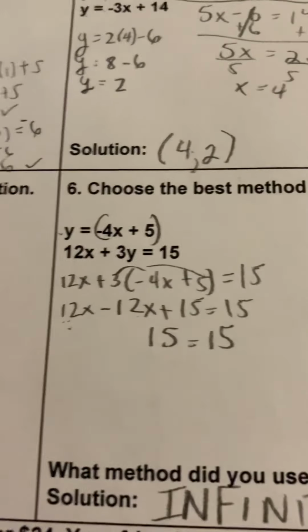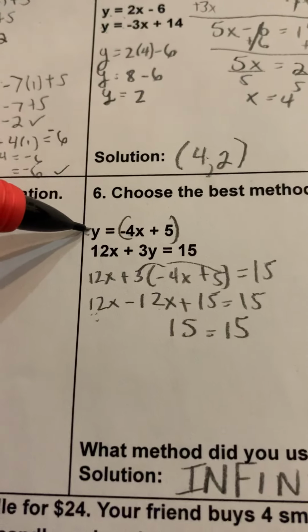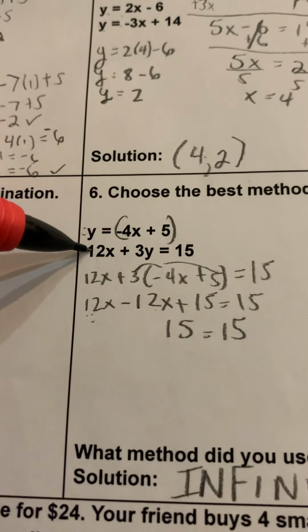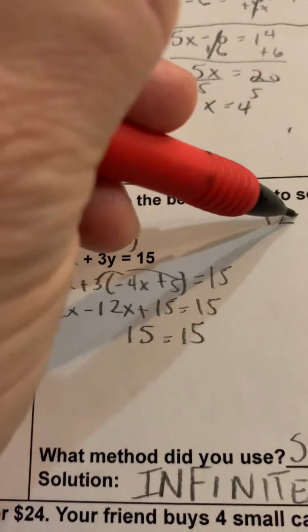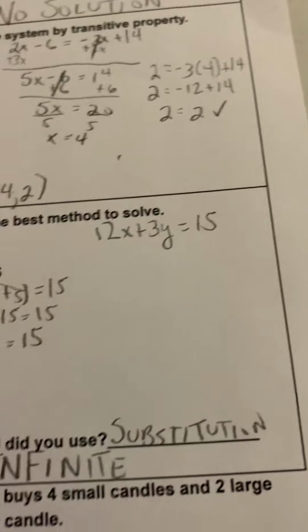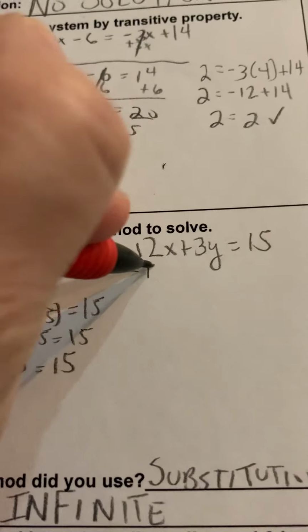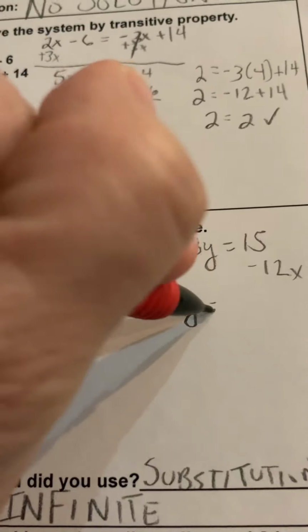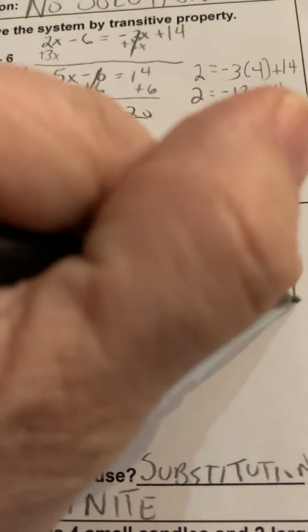How do I prove that they're the same line? Well, do you see how this y is isolated? Let me go ahead and isolate this one. So if I have 12x plus 3y equals 15, this is the way to double check this, okay? I'm going to subtract 12x from both sides, and I have 3y equals negative 12x plus 15.